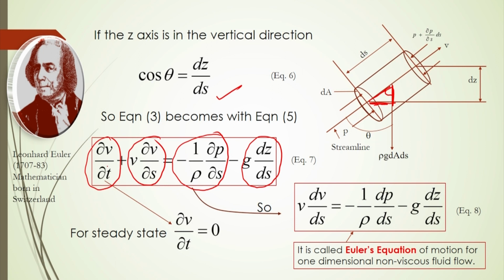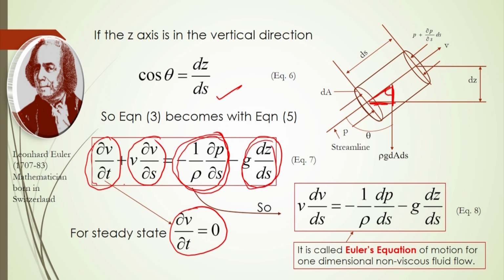Now, dou V by dou t will be equal to 0 for steady state condition, and the term minus 1 by rho into dou P by dou S is the pressure gradient per unit mass, and g into dz by ds is the gravitational component.